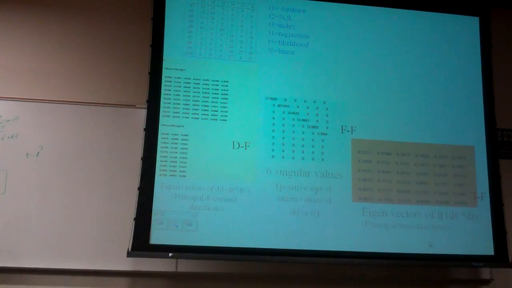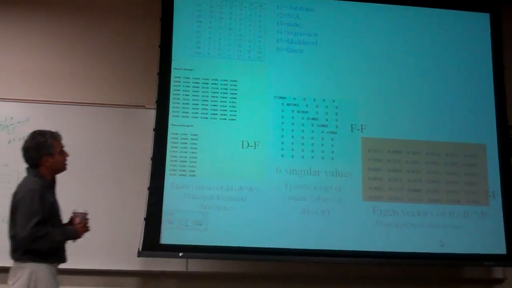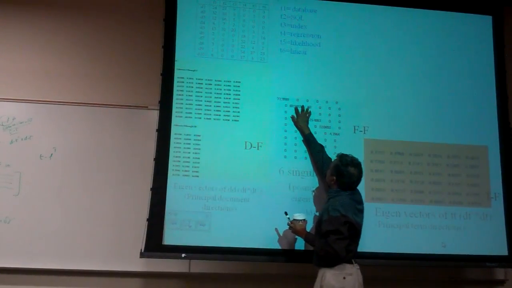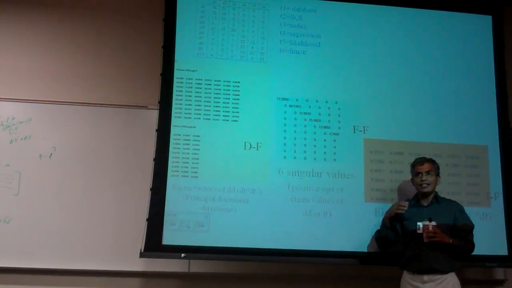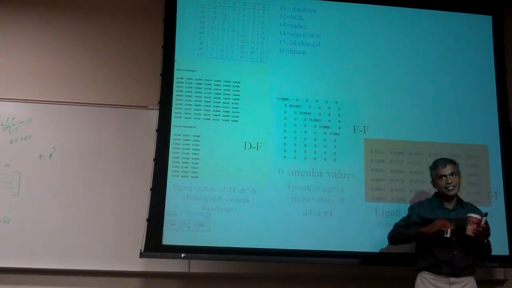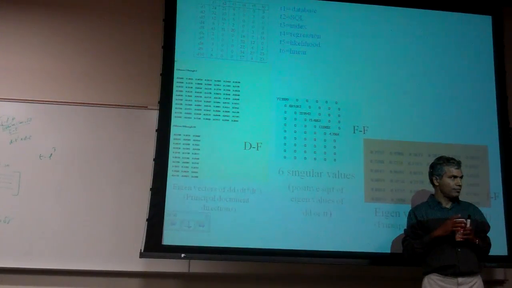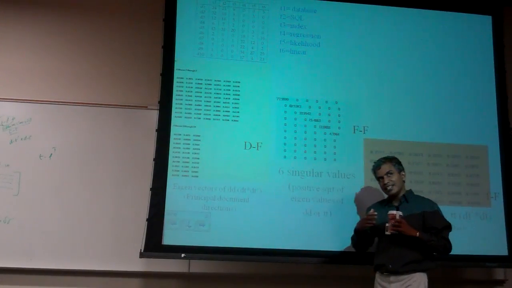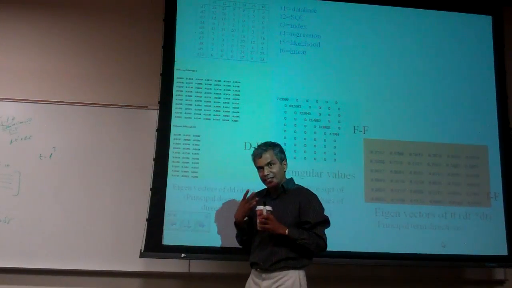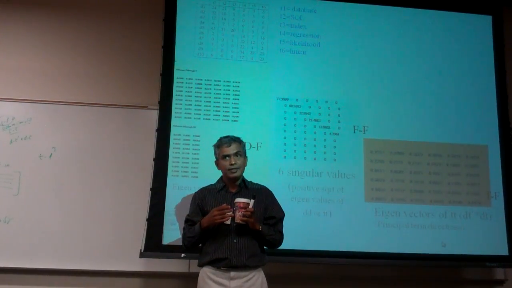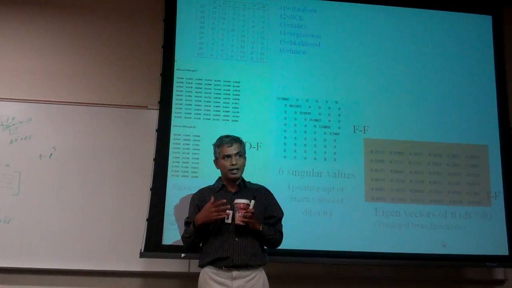Now that's interesting. I said something here, which is that the size of these values is somehow proportional to the importance of that particular dimension. And when we say something is important, for us all that matters is what?